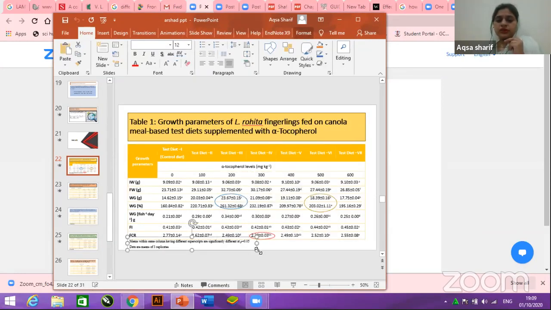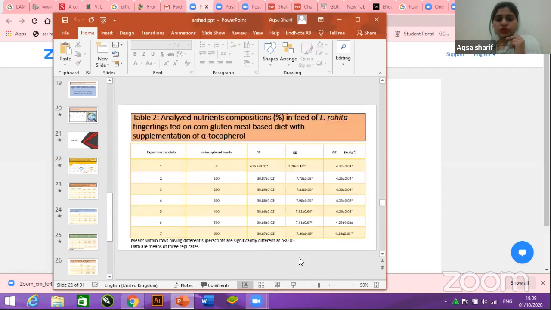And so next, we'll move on to the analyzed nutrient composition, because first of all, feed nutrient composition was determined, then feces nutrient composition, and at the last of the fish. In table 2, nutrient composition is present, and all the nutrient composition was more or less similar in all the diets. It means there is somewhat negligible difference in the nutrient composition of the feed.